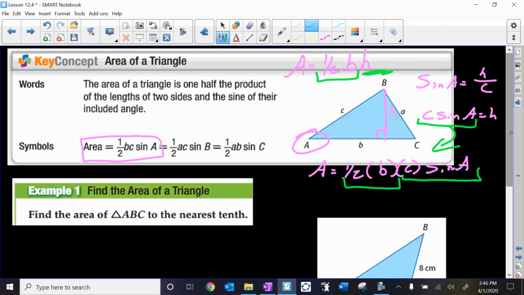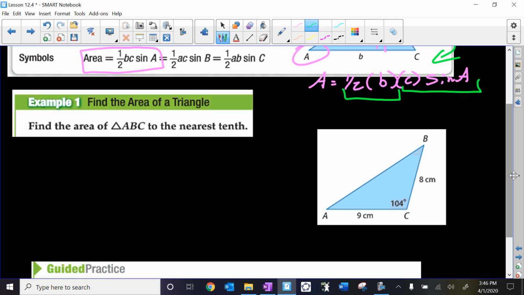Okay, so let's try and use that down here. I'm going to write down the formula again, even though it's kind of interesting looking. Area is equal to a half times two sides and the included angle.